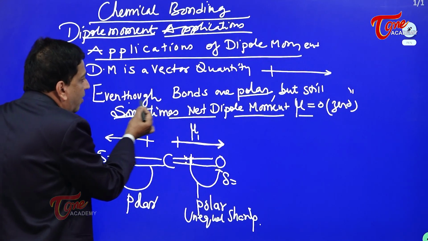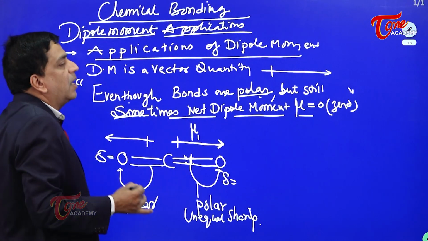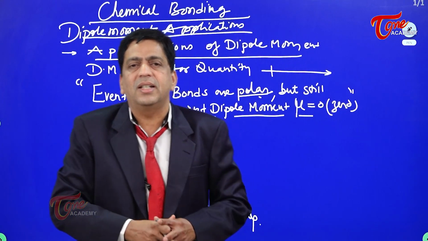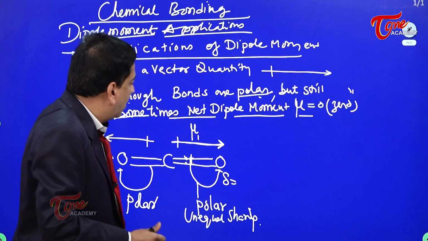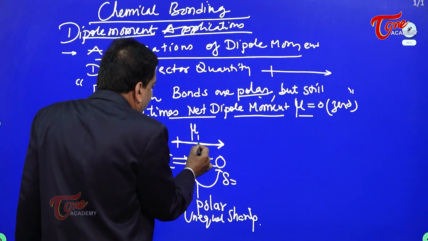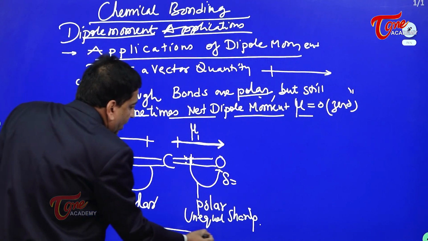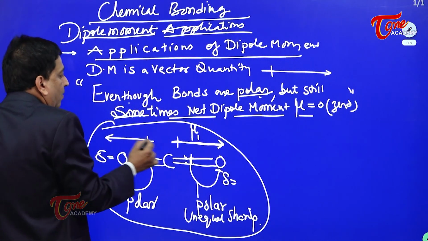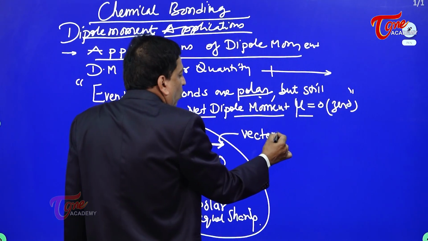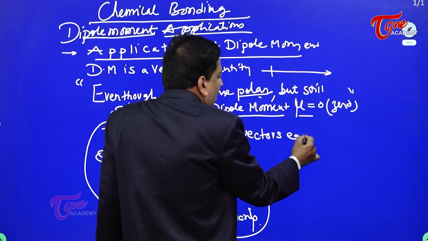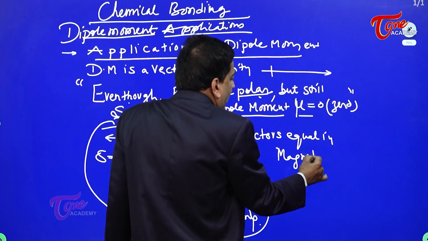So it says even though bonds are polar, still the net dipole moment sometimes is zero. What it is basically telling is you can apply your concept of vectors, right? The resultant of this and the resultant of this ultimately gets cancelled because these two are vectors equal in magnitude.